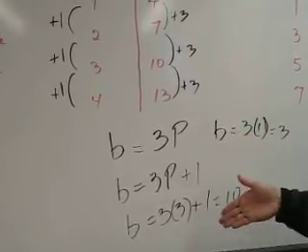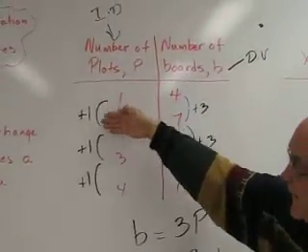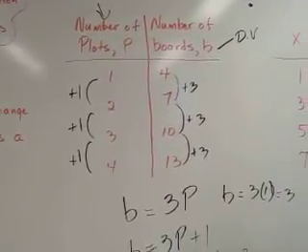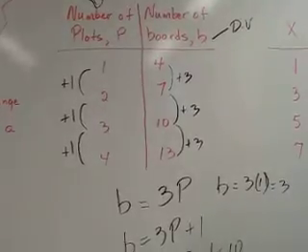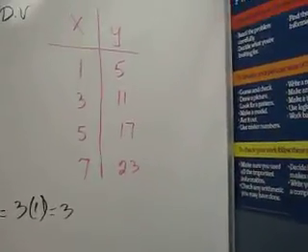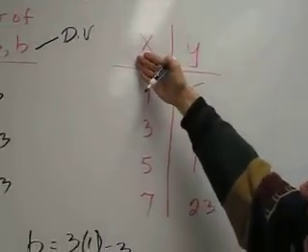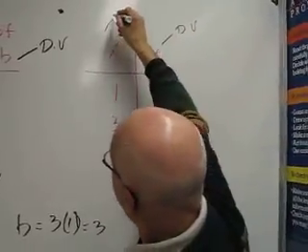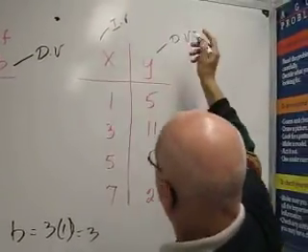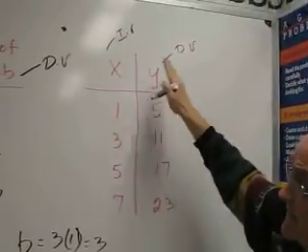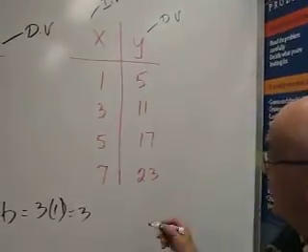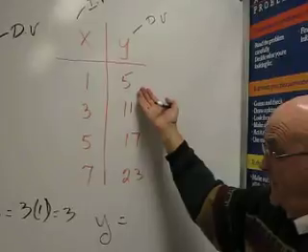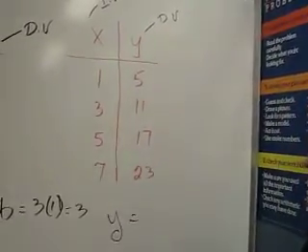This worked quite well because this was going up by a neat number, going up by a value of 1, and this happened to be going up by 3s. But let's look at another example. I'm just using x and y values. Again, this is my dependent variable, this is my independent variable. In other words, the value of this depends upon that. So I'm going to try and derive the value for y from the given value of x.